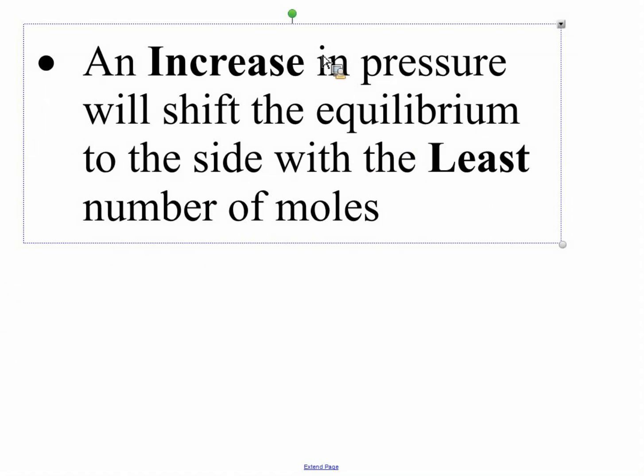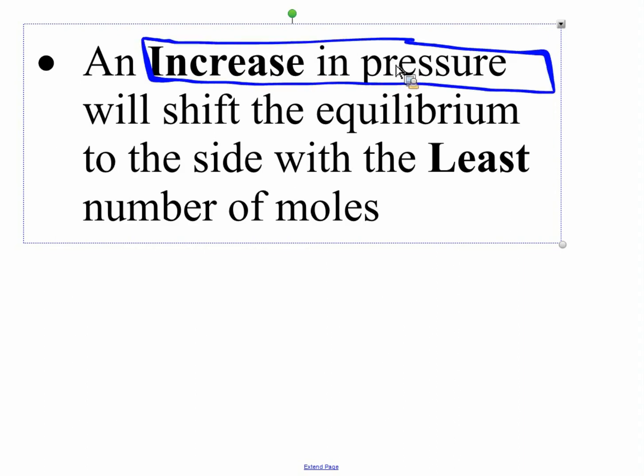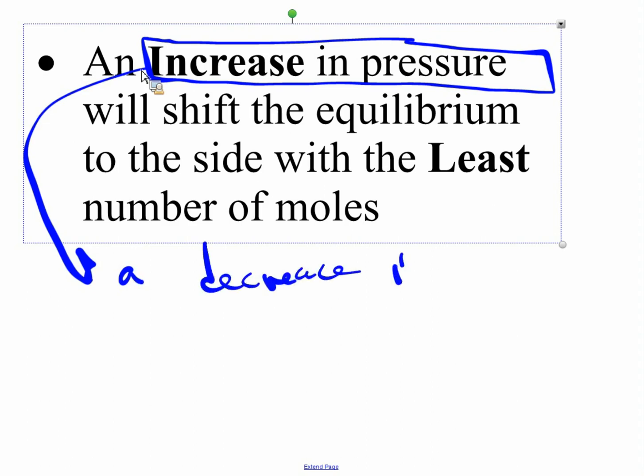An increase in pressure will shift the equilibrium to the side with the least number of moles. An increase in pressure is generally, the way that it happens is really a decrease in volume. So we're like pushing the piston down.